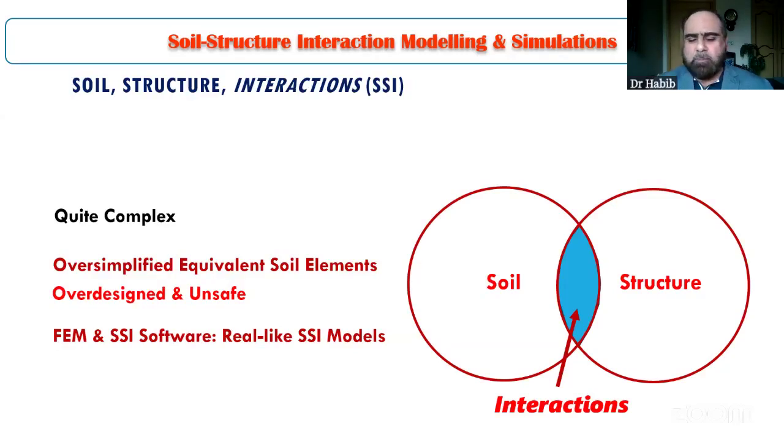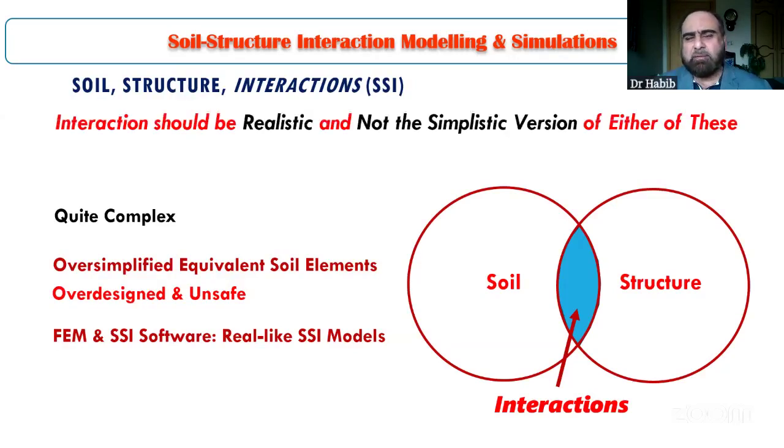So the message which will be carried over throughout this lecture is that these interactions should be realistic and not the simplistic version of either of these. Now, what's happening is that in some cases, or in most of the cases, soil is being simplified while we are having a very advanced level of structural models, but soil is being simplified in the form of very simple elements.